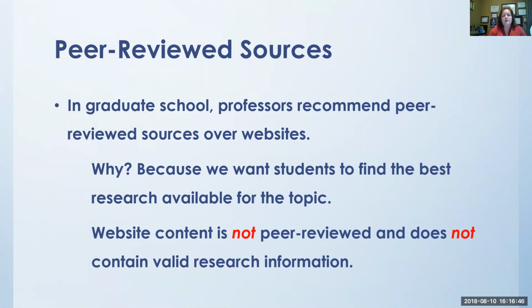So I just wanted to touch base on why we use peer-reviewed as opposed to a website, and that websites are not considered peer-reviewed. Even though my university library is online, so you may be thinking it's a website, it's not. It's completely different. The library, just like Google Scholar, is actually a database that we're using.